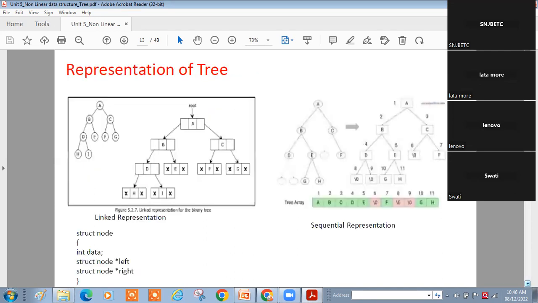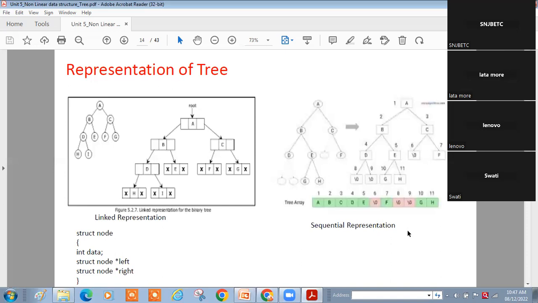Now after that, you can see these are the two ways to represent a tree. First, linked representation. Second, sequential representation. Maybe when you studied linked lists, you saw the difference between linked organization and sequential organization. Previously, in the characteristics of a tree, I said that it is a linked organization.